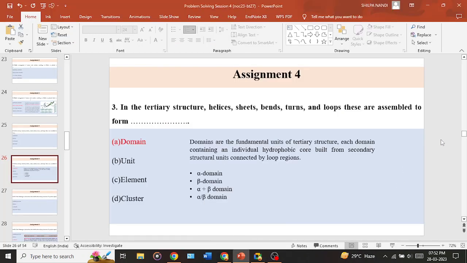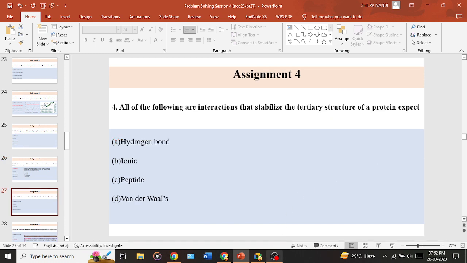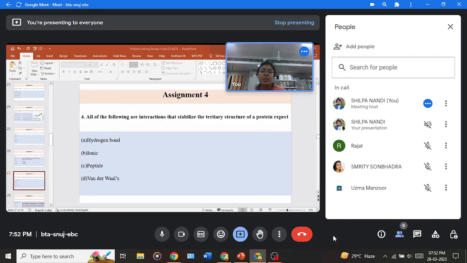So we will move on to the next question, question number 4, which is: all of the following are interactions that stabilize the tertiary structure of a protein except. Option A is hydrogen bond, option B ionic interactions, option C is peptide bond, and option D is van der Waals interactions.